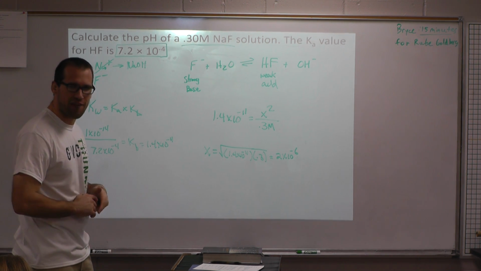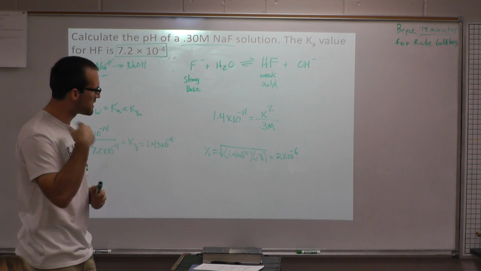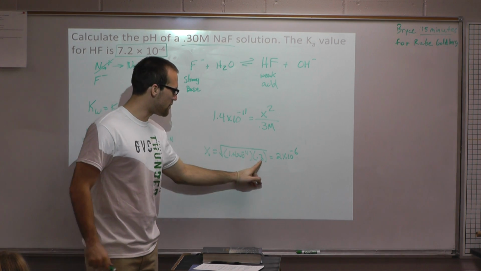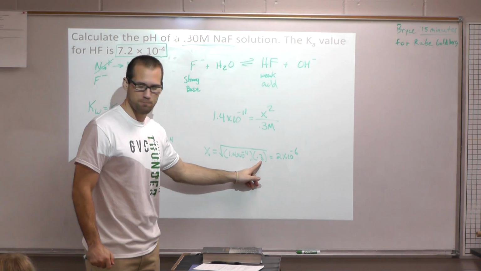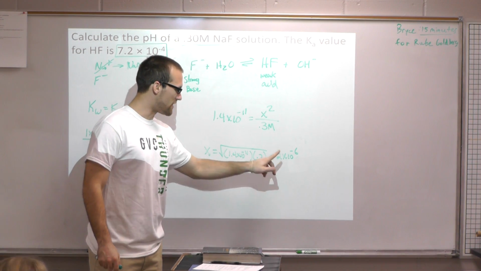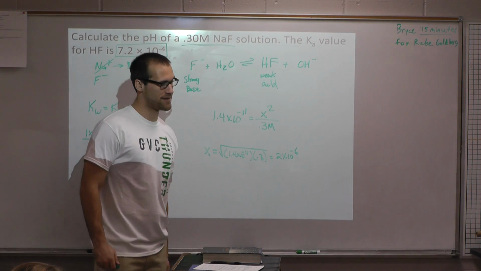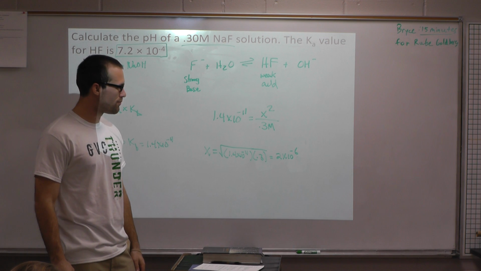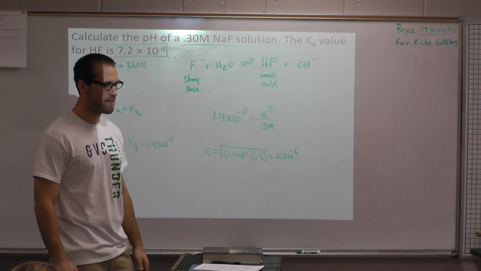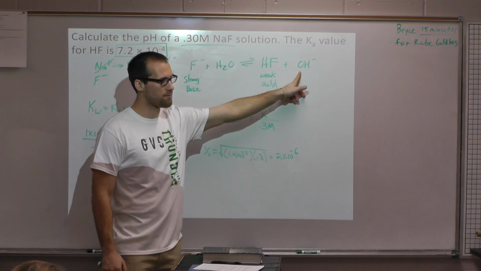We should do the 5% test, but let's just use common sense. X divided by initial concentration is going to give you a really small percent. Everybody see it? Okay? Now, this X is what? Do I just take the negative log of that? No, that's the OH.